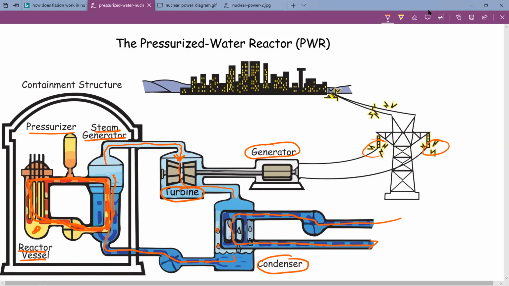Now, this does not look like your typical nuclear power plant to you, probably, because let's see now.